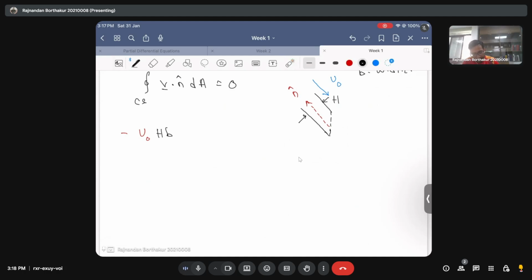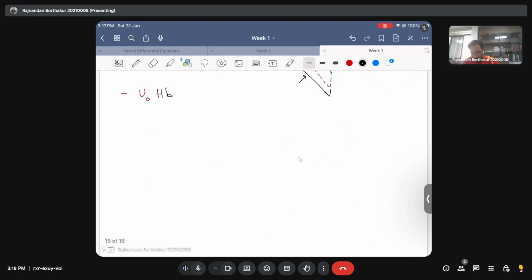And then let's try to see for inlet 2. So at inlet 2, what do we have? The inlet 2 is something like this, where we have some variation in the velocity profile, which is something that we discussed.